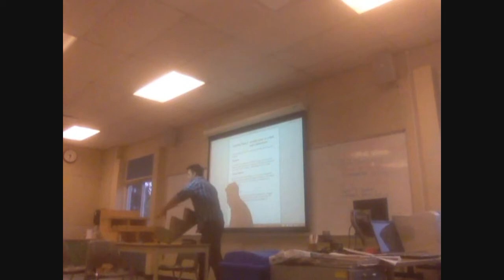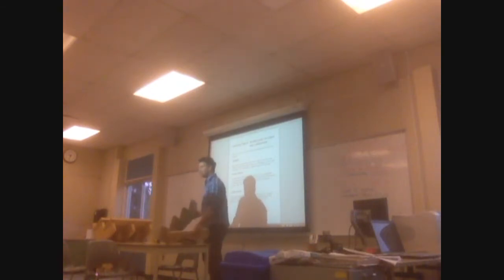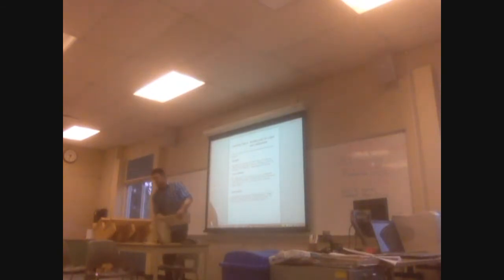So the way that works is, if it was just a straight cutout stringer, like this one, when you put your riser board on, you'd have that end grain.